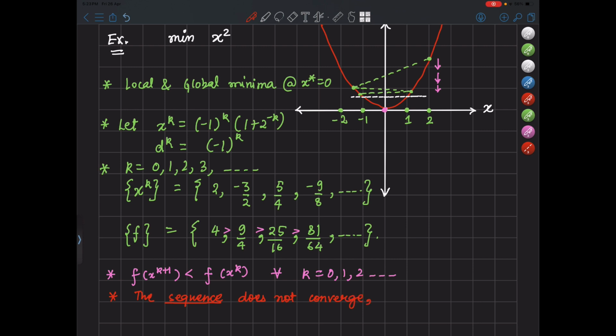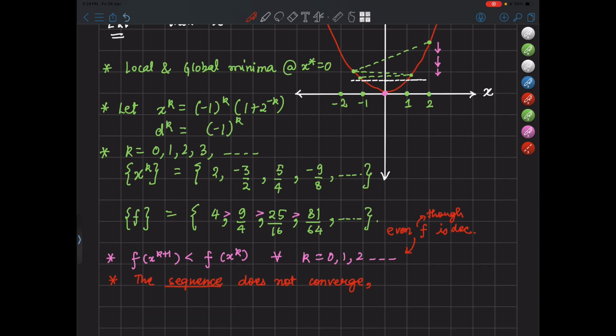Why is that? Because you can see that for very large values of k, x oscillates between +1 and -1.